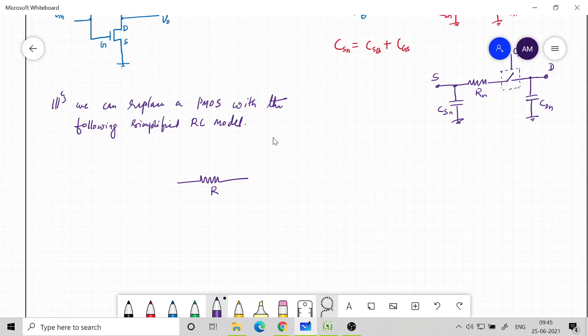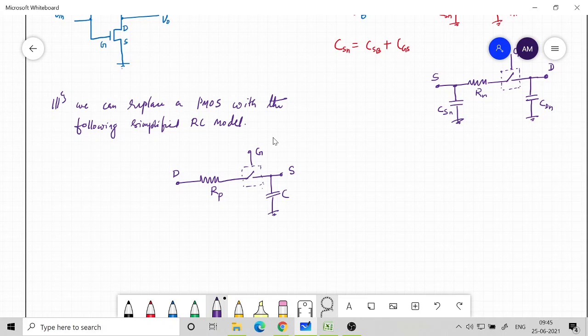So instead of Rn, I will have Rp, and let me say this is drain. Then I have a switch which is controlled by the gate terminal voltage. So this is my gate and this is my source. I will have capacitors connected to the ground.